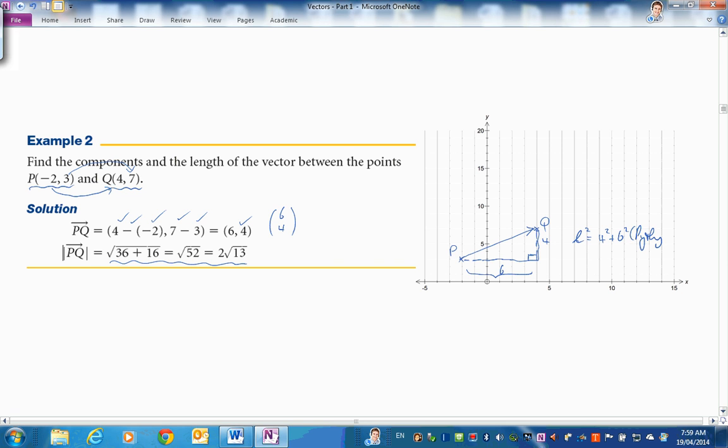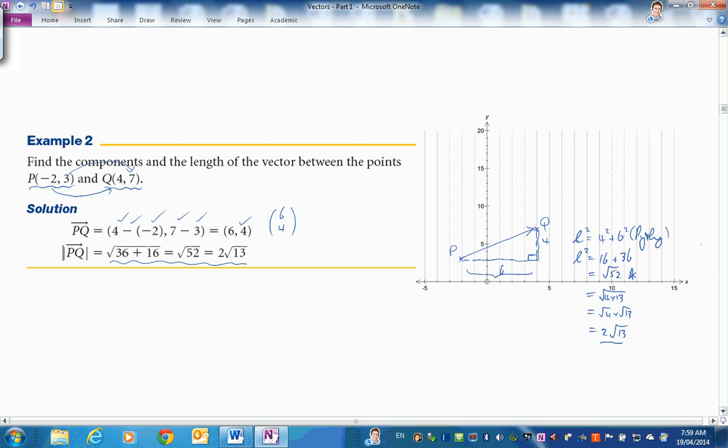So L squared is 16 plus 36, so L is root 52, and you could break that down to perfect square, the root of 4 by 13, which is root 4 by root 13, or 2 root 13, if they asked it in simplest surd form.